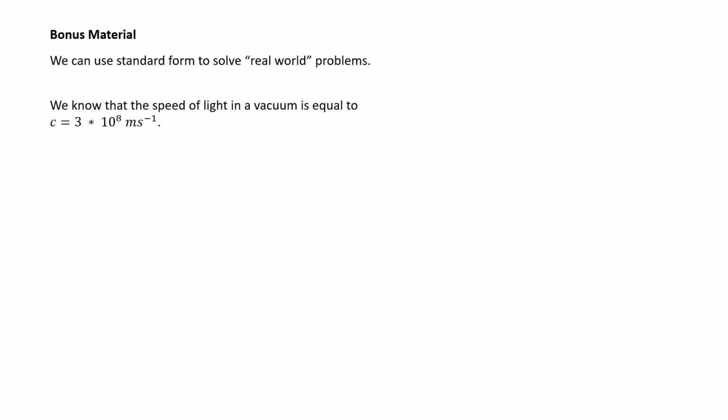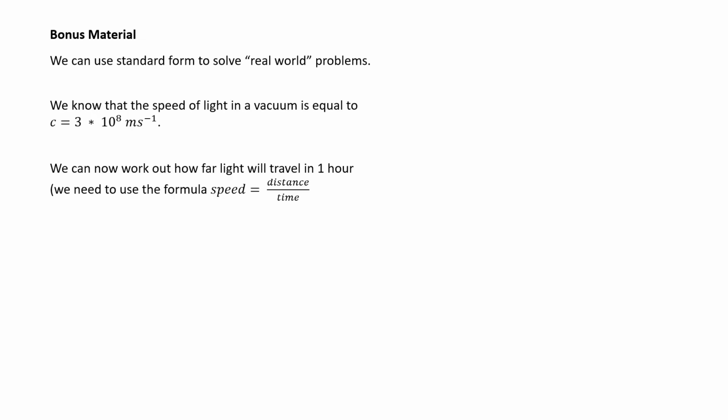Now, with the bonus material, what I want to look at is solving a real-world problem, and then also look at how we apply it to our calculators. So take, for example, the speed of light, 3 times 10 to the power of 8 meters per second.